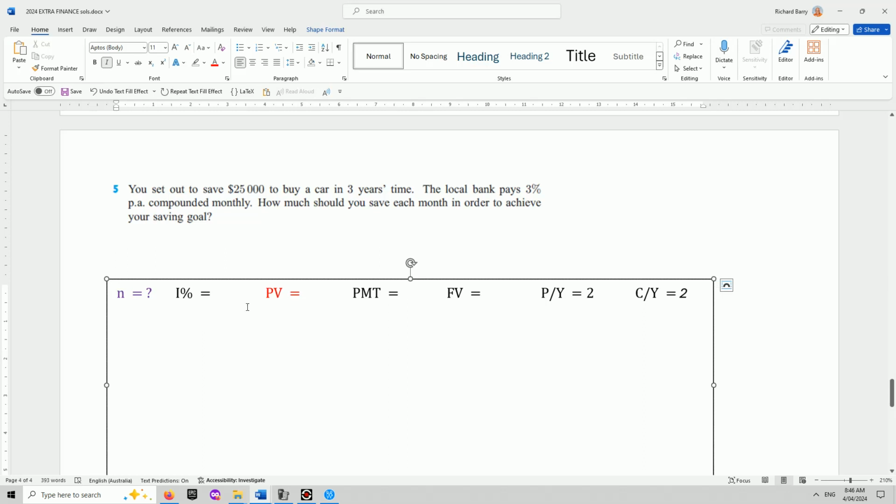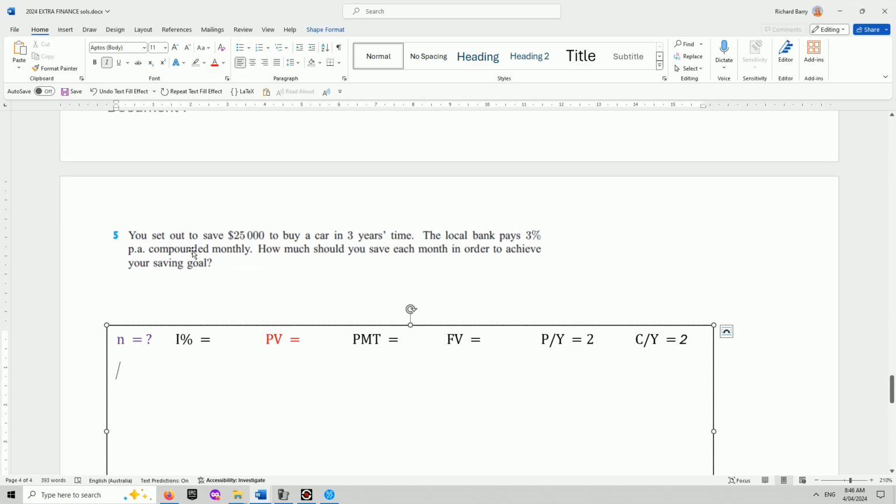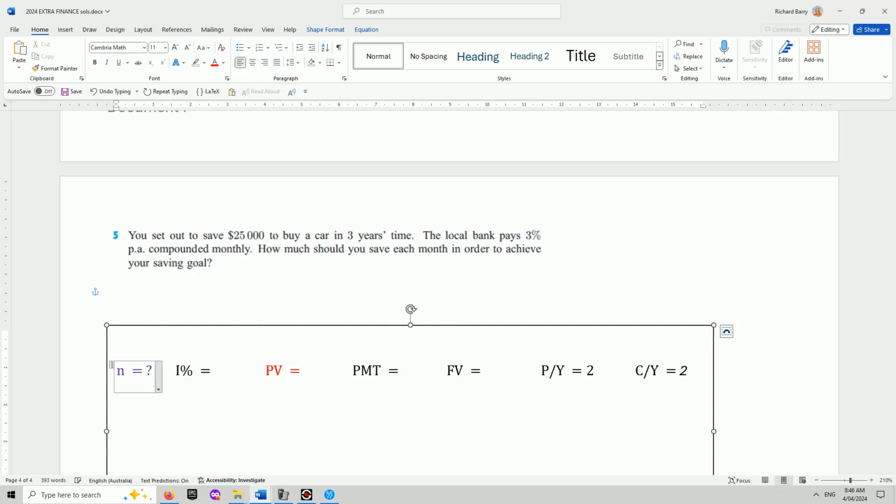One more extra question. Okay, question, is this a loan or is this an investment? This word here means this is an investment. Here's another clear case for investments. How much do I need to save per month to get 25,000 in 3 years?